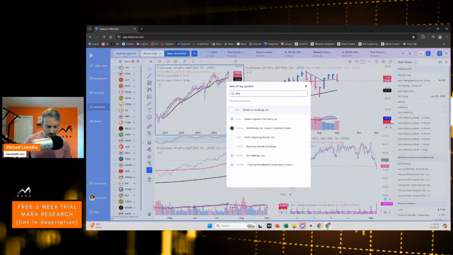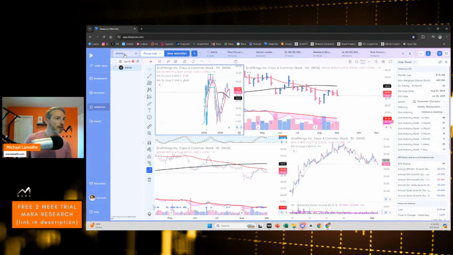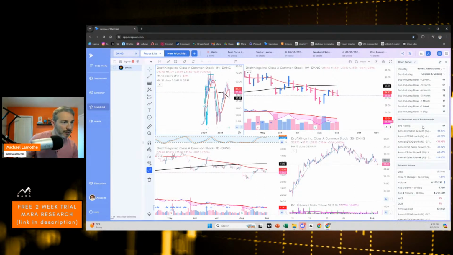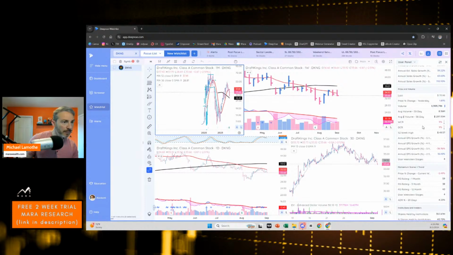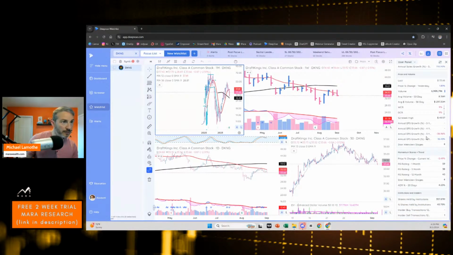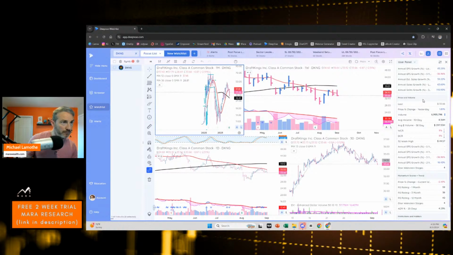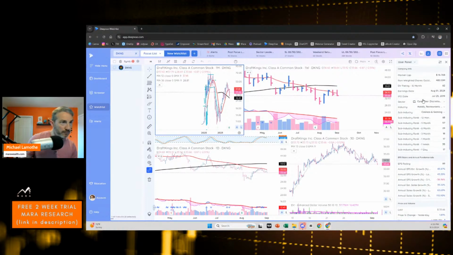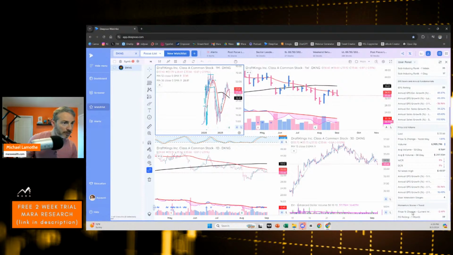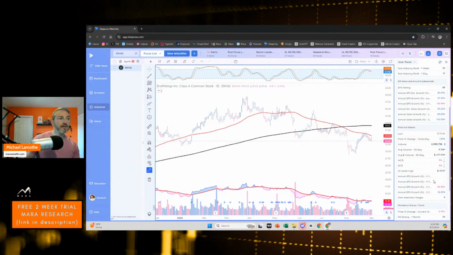Let's get DraftKings up. What do I've got the stage analysis on here? Yeah, right here. So right now, it's telling us that this is in stage 4.